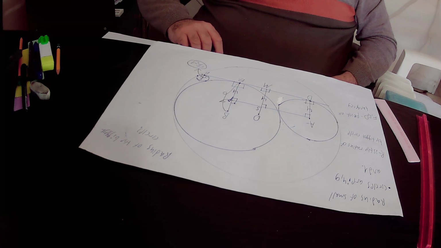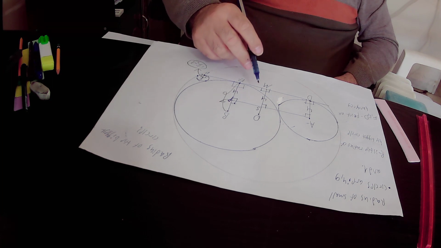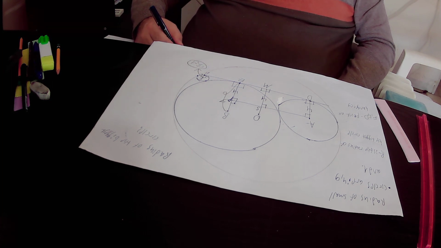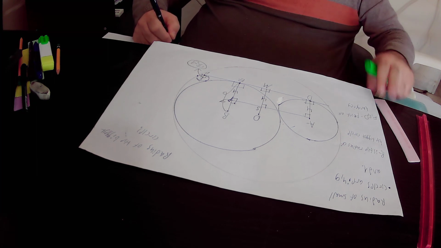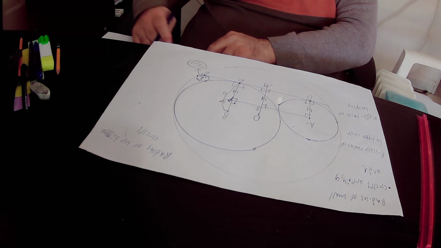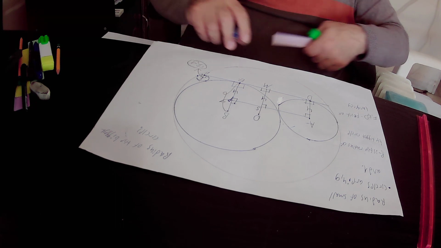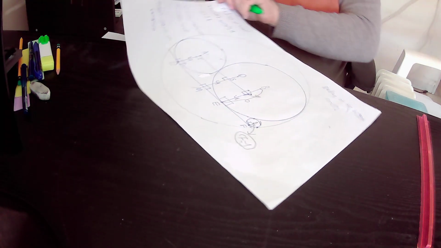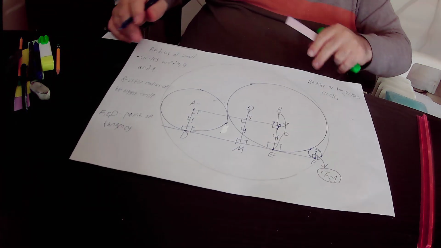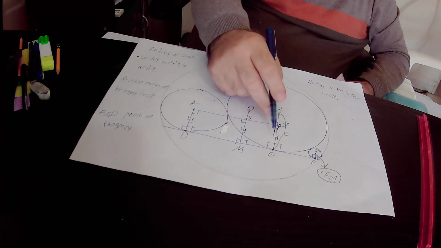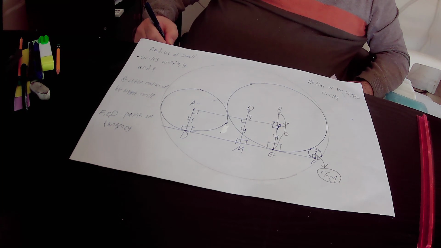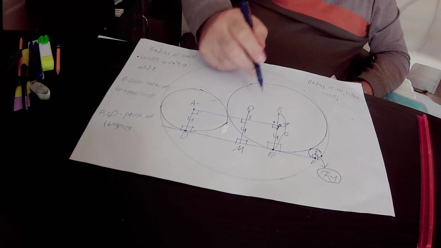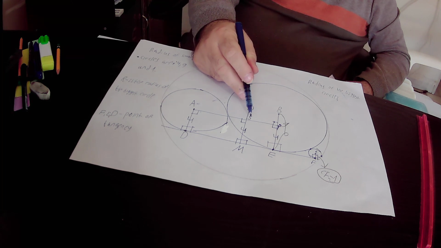And we'll focus on quadrilateral SPME. In quadrilateral SPME, we have 1, 2, 3 right angles. The sum of 3 right angles is 270 degrees, plus the size of this angle, that is actually angle MSP.